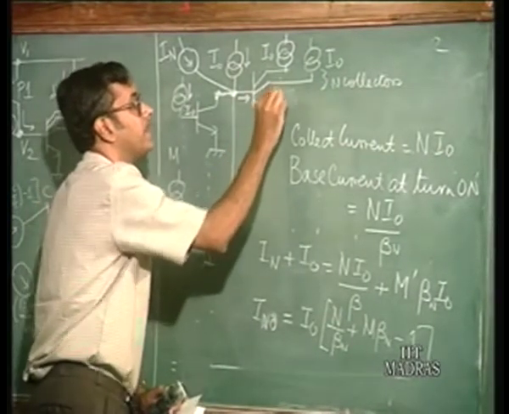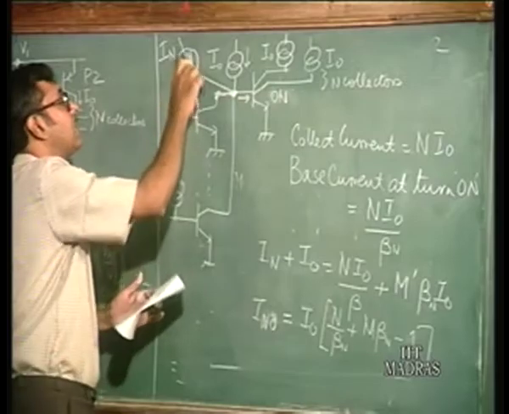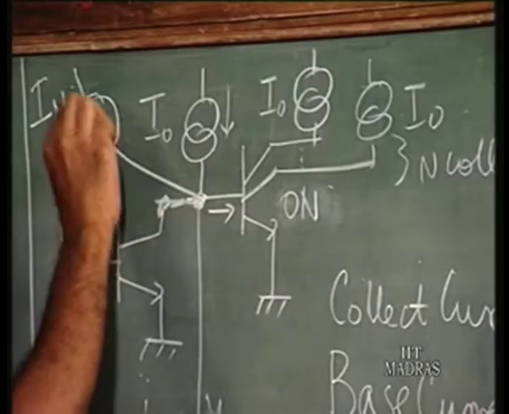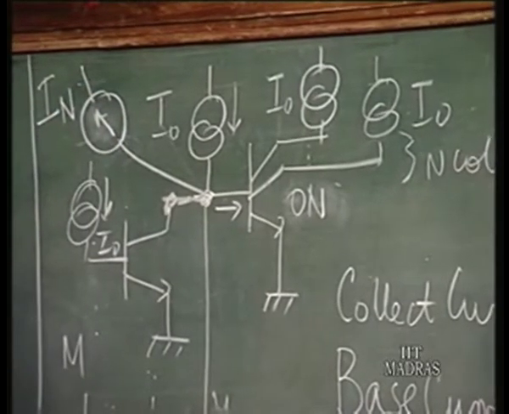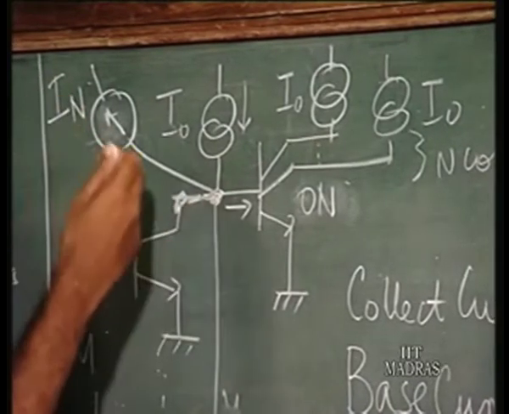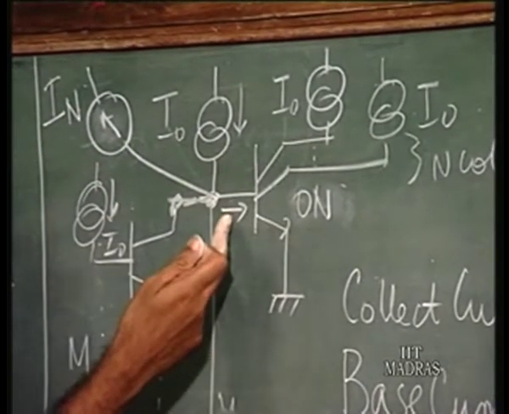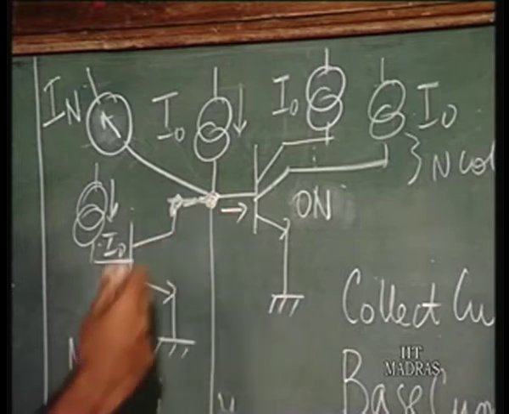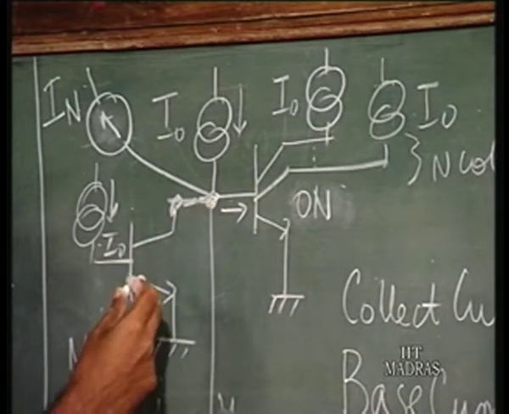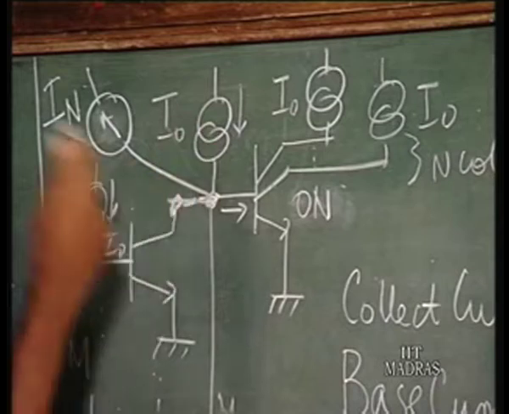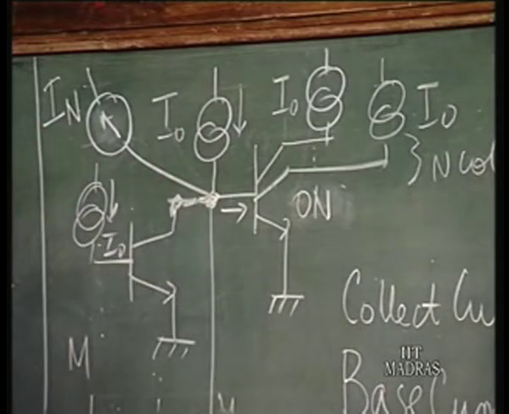What you have to do is the noise current source has to be in the other direction. It is basically drawing the current. And again, this has to be turned off. So, what is the condition?